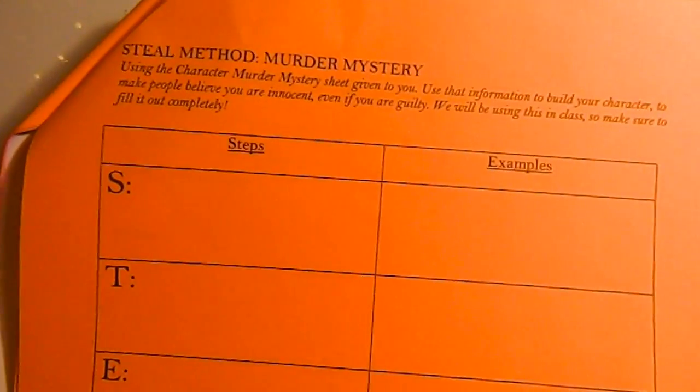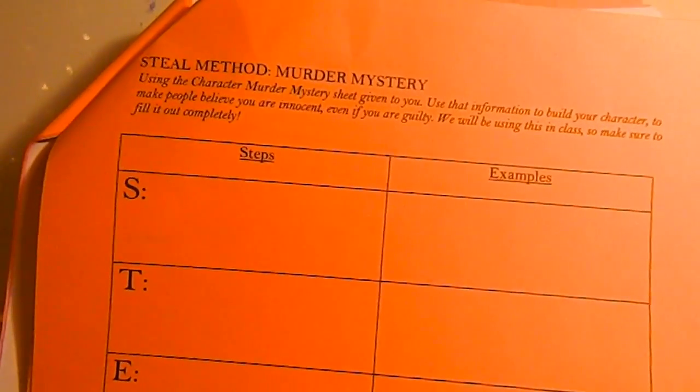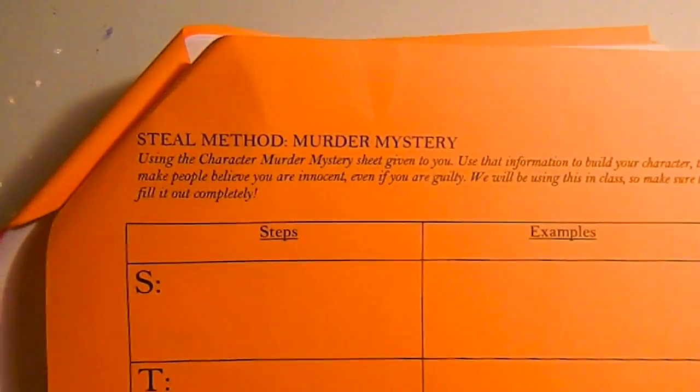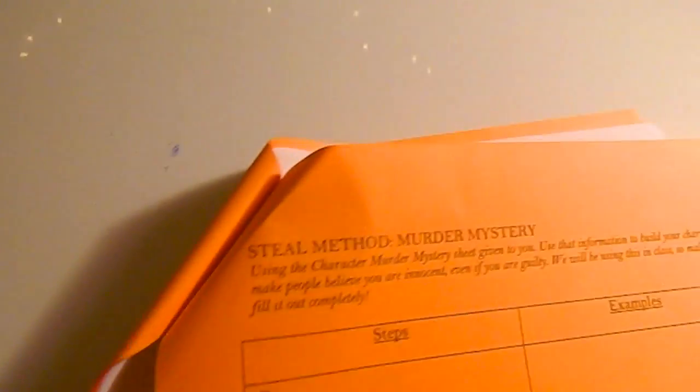So now that we've practiced on our own, we are going to put our STEAL method to the test with a murder most foul. Dun dun dun. Okay, so for class next time, we are going to have a murder mystery.